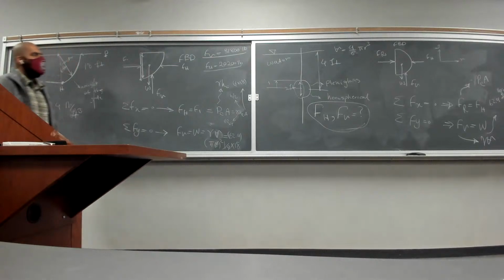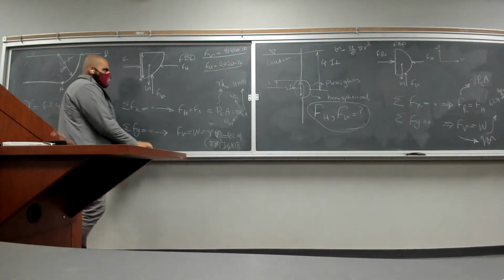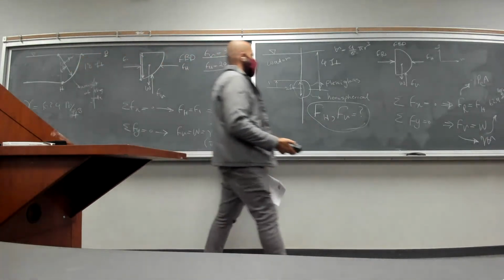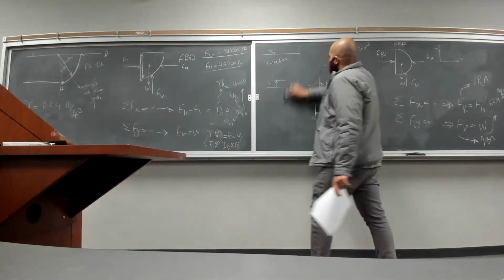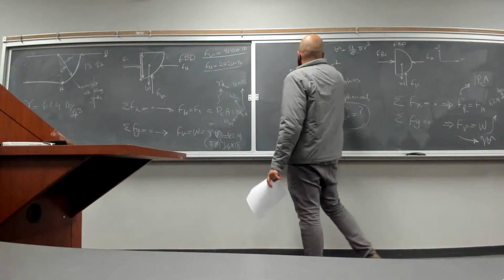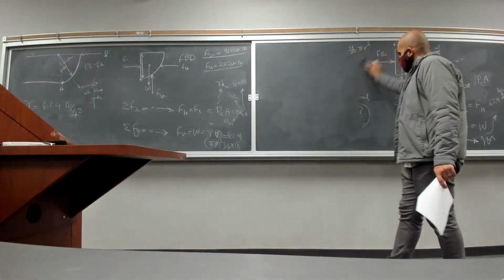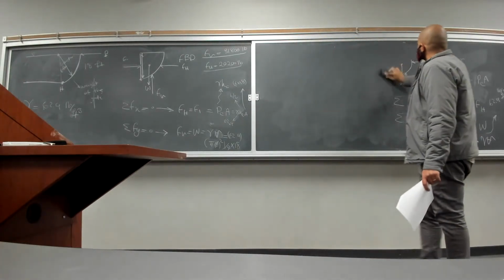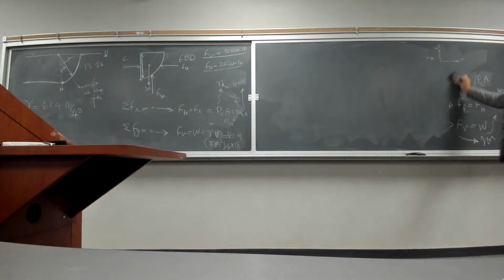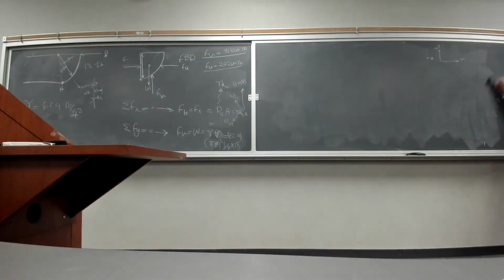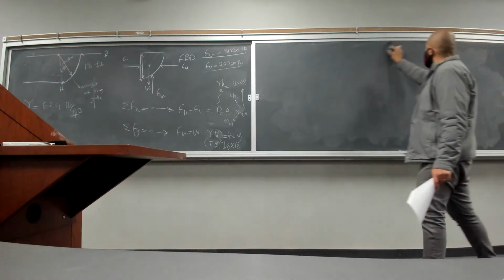Okay, so we have the forces in each direction. How can we calculate the force P here? The force P that is needed to hold the gate. So the force P is being applied to the gate, right?